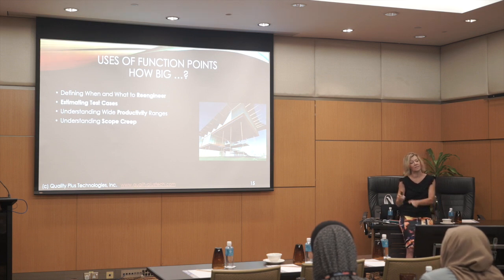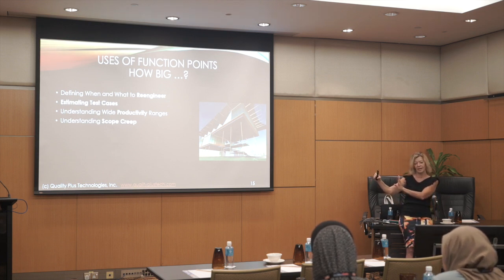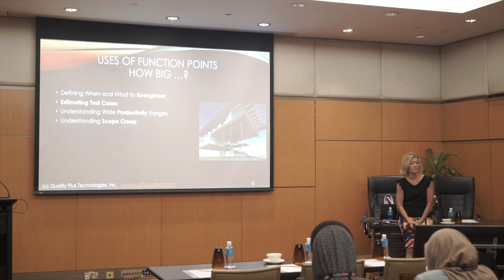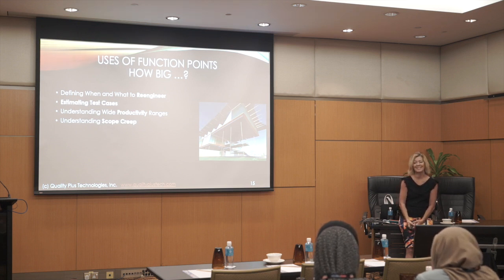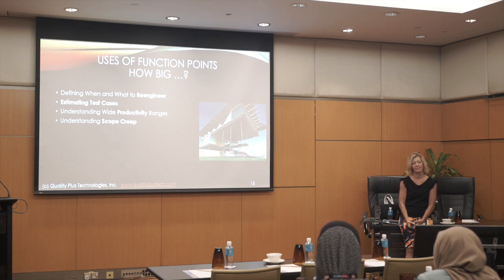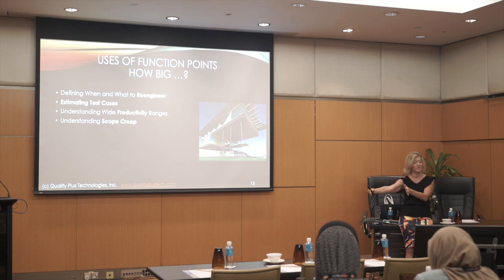So if I've estimated a project as being 200 function points, and I've said it's going to be 18 months long, what does that tell you? If it's 1.5% per month, that gives me 27% scope creep from the start to the finish.